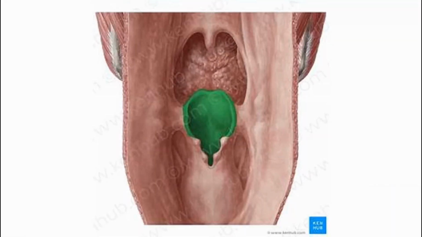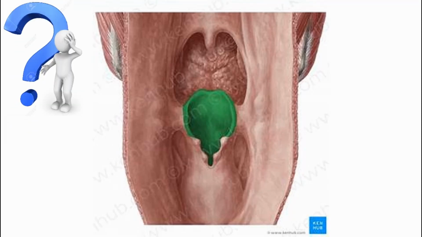This is the opened posterior wall of the pharynx, and you can see this green structure. What is this green marked structure? It is the epiglottis, the cover of the larynx, or the first valve of the respiratory system.